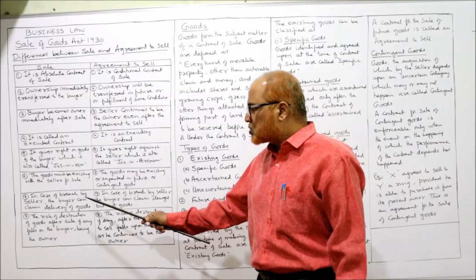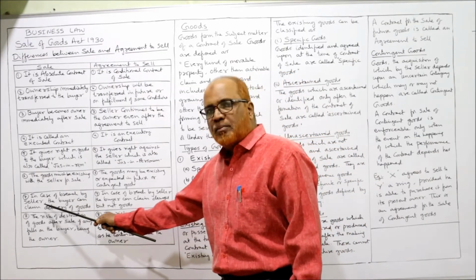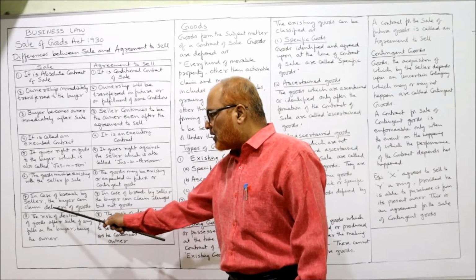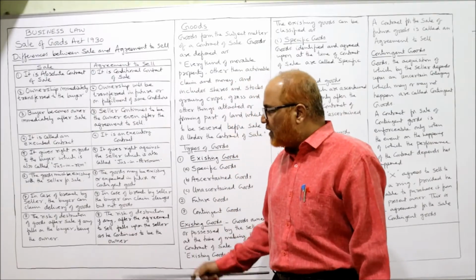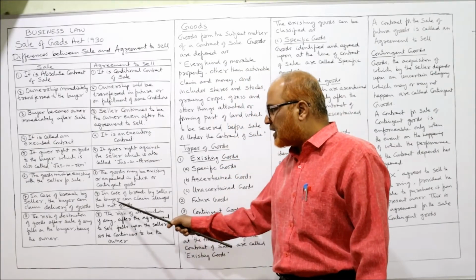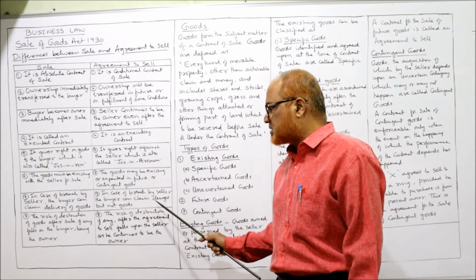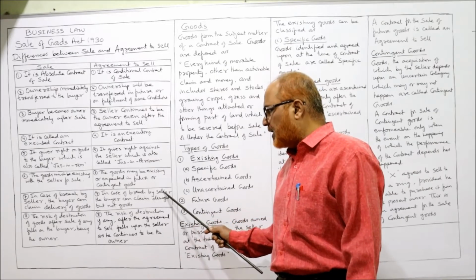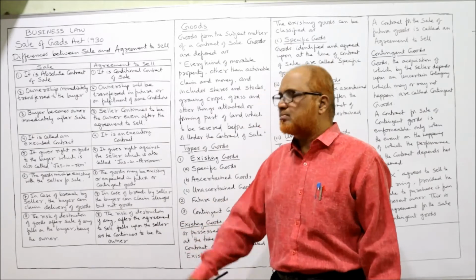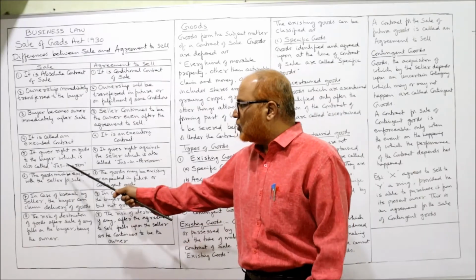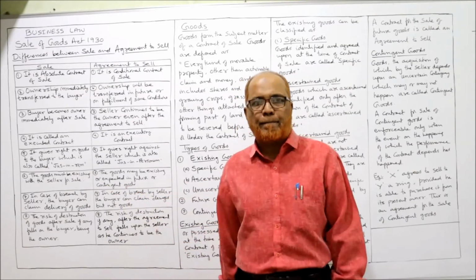The next one is, in case of breach by the seller, the buyer can claim delivery of goods. Whereas in case of agreement to sell, in case of breach by the seller, the buyer can claim damages but not goods. Just now I told you jus in rem, jus in personam.